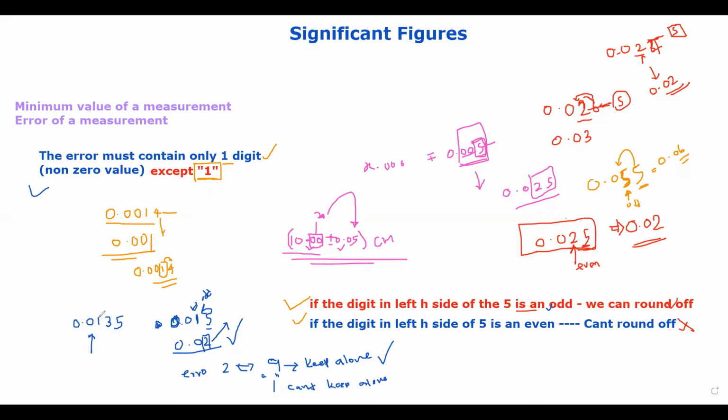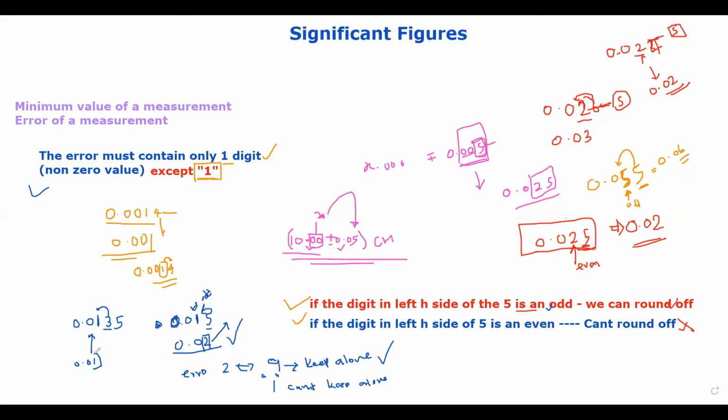Here, we have to keep only 1 digit. So we round off. Here 3, we can't round off because it is less than 5. So we have to put it as 0.01.